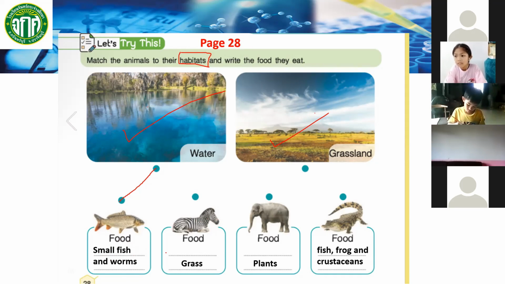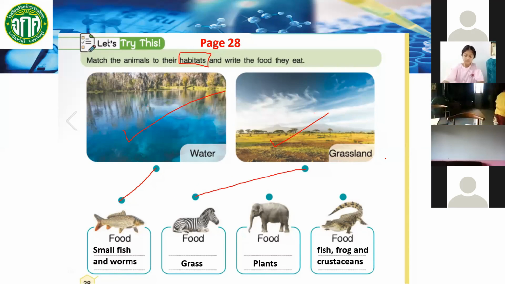Next, we have here a zebra. Where do zebras live, in the water or in the grassland? Shania? Grassland. Very good. So make a line to connect zebra and the grassland.